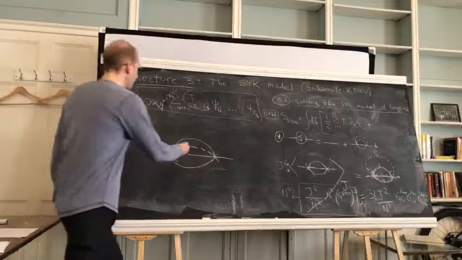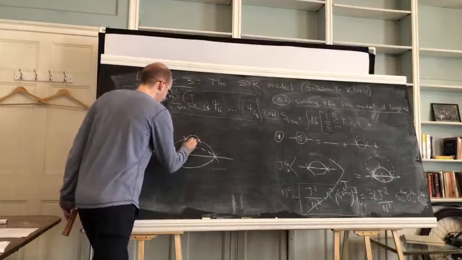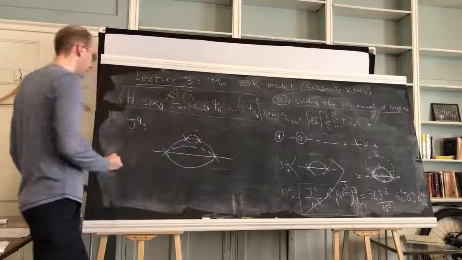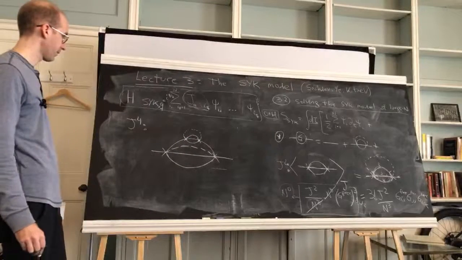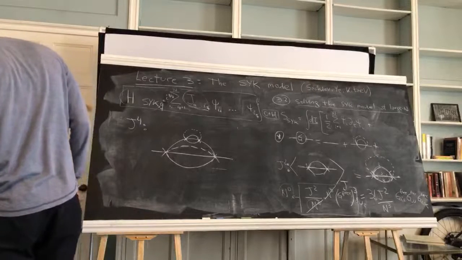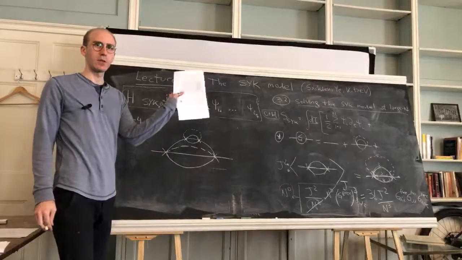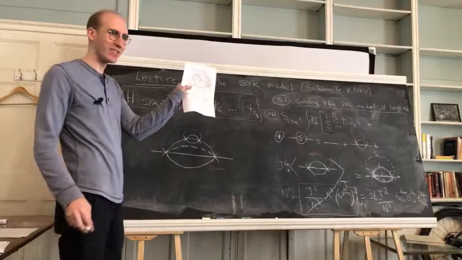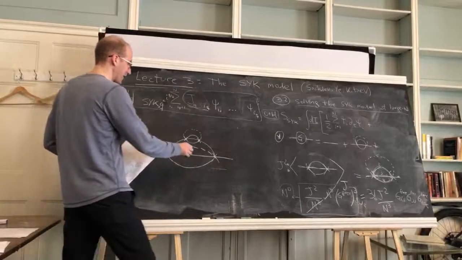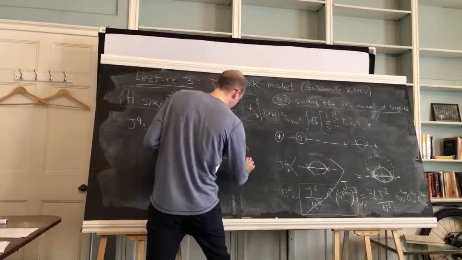Then we can add 2 extra vertices and do another of these balls with the disorder appearing over here. I wrote this diagram in some detail in the notes, so you can take a look afterwards. There are lots of delta functions all the time, but you can check that this diagram goes like J to the 4th over n^6.